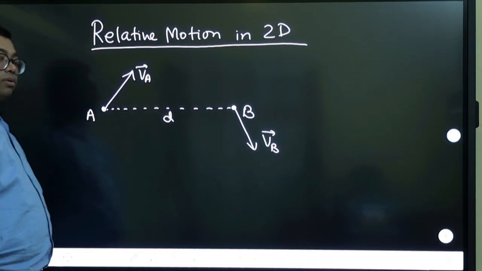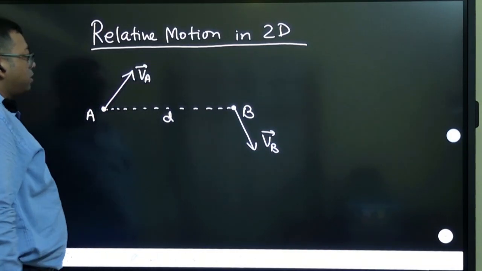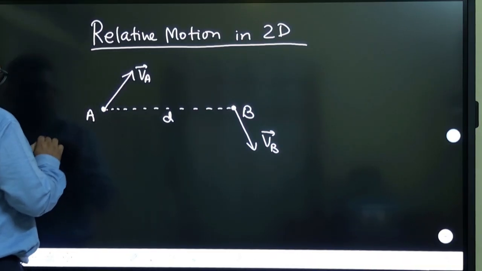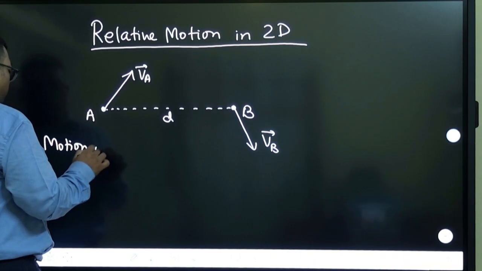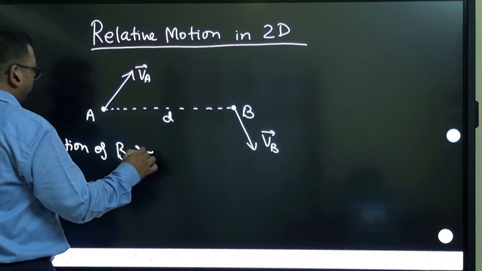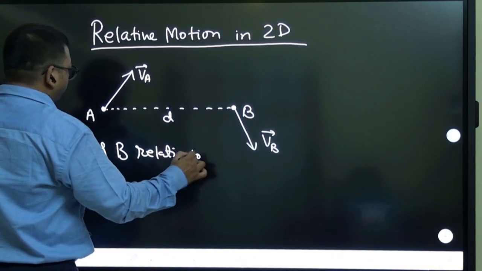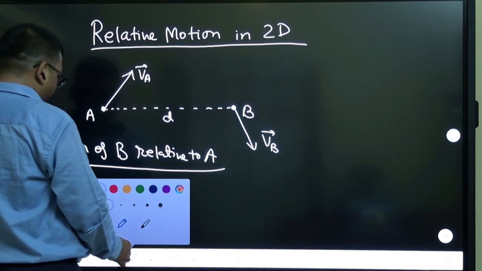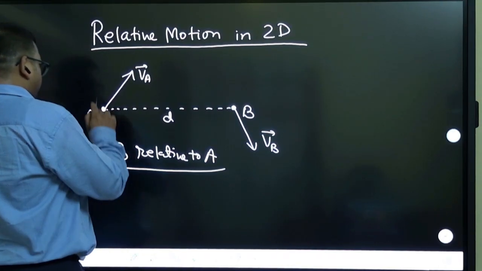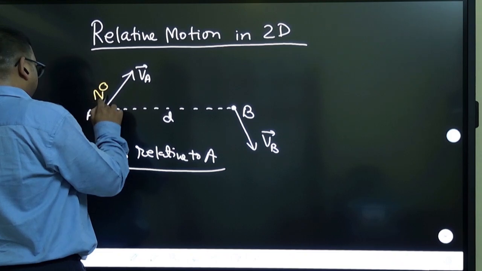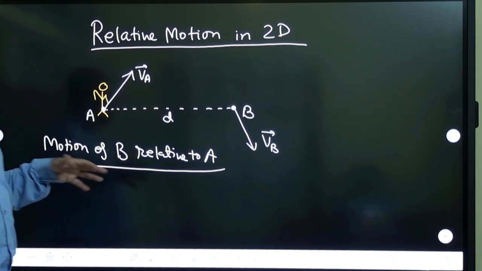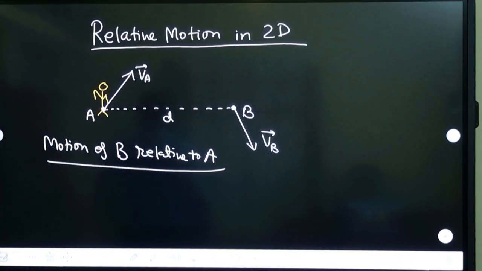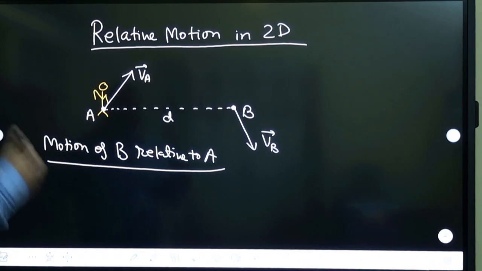So what is relative motion with respect to one? Suppose I study the motion of B relative to A. Relative to A means the observer will be at A. The person A itself is the observer.